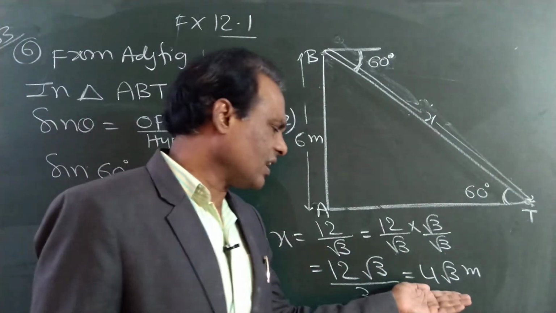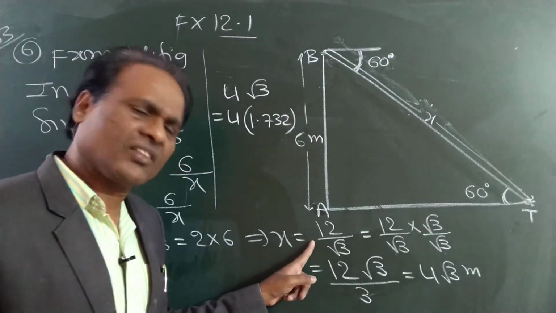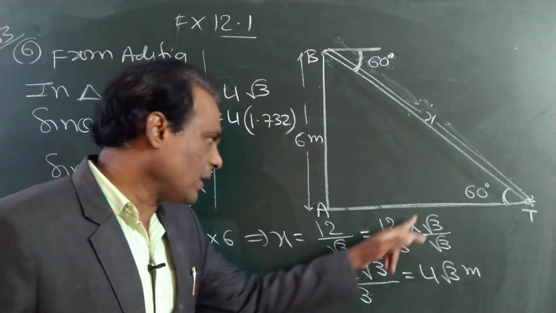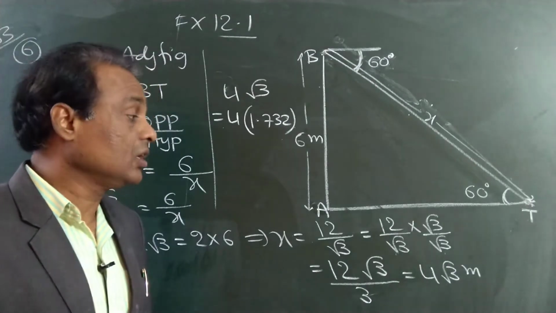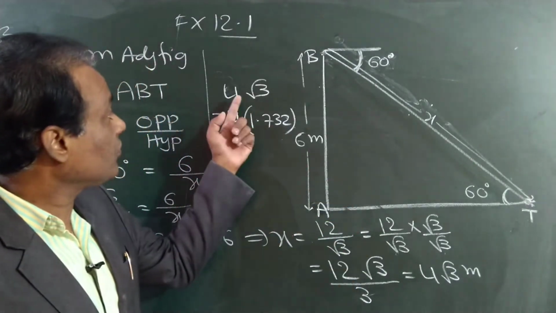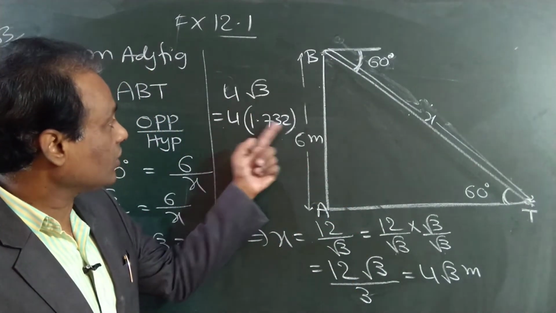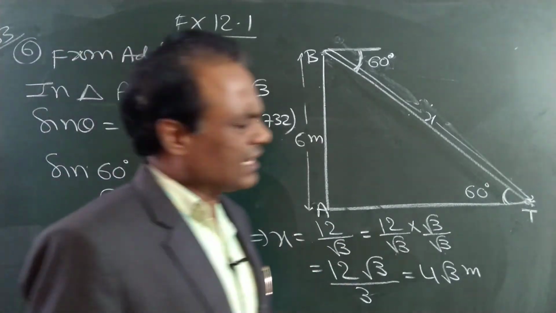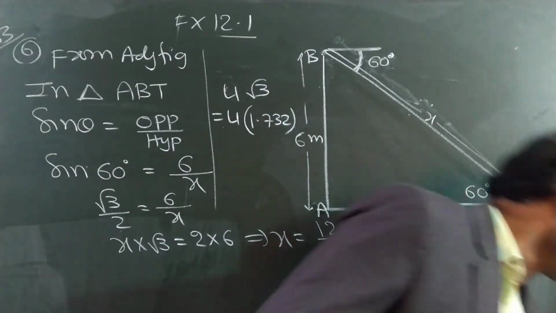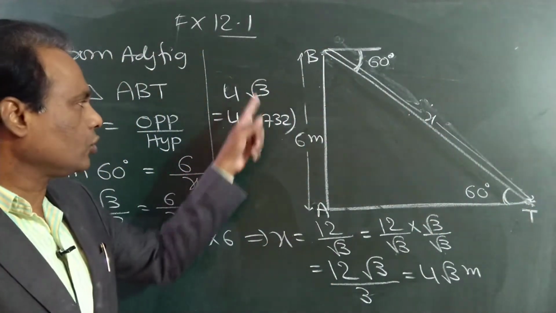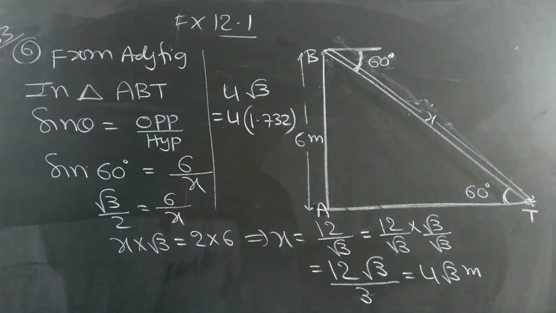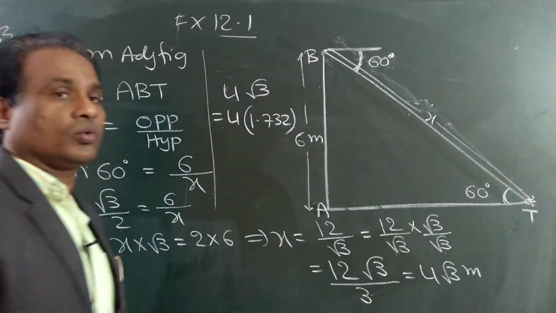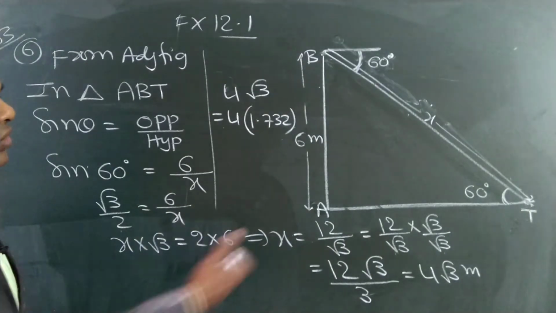Actually you can leave it here, that is also correct. You can multiply numerator and denominator with root 3 for further simplification. This is also correct. Even if you take root 3 equal to 1.732, multiply and get the answer. Any answer you can write. It is not that you should only write the root 3 value. If in the textbook the root 3 value is given, you have to substitute. If it is not given, you can leave it.